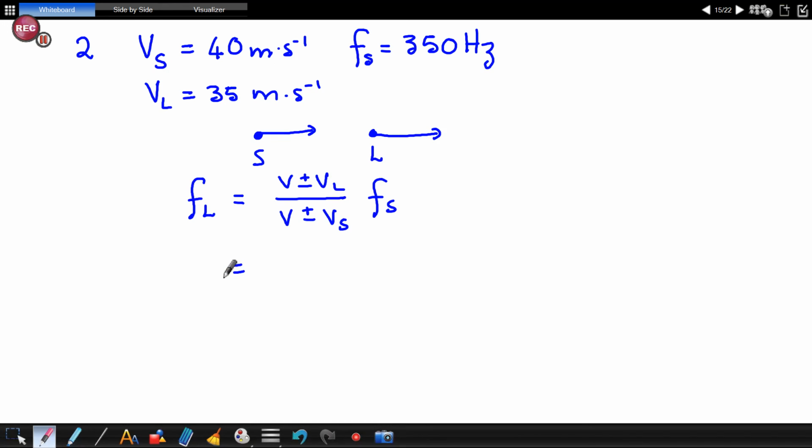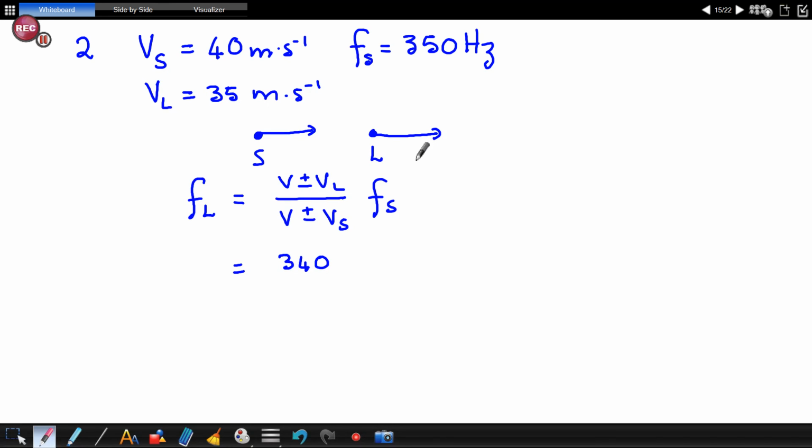I haven't really discussed this one. So our speed will keep it at 340 unless they tell us it's something else.